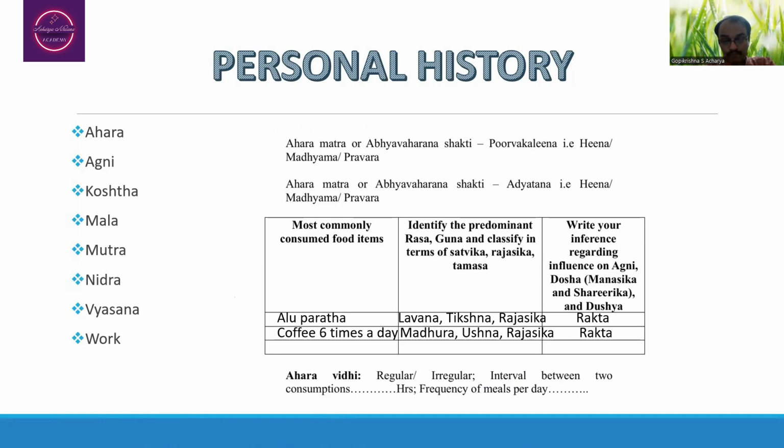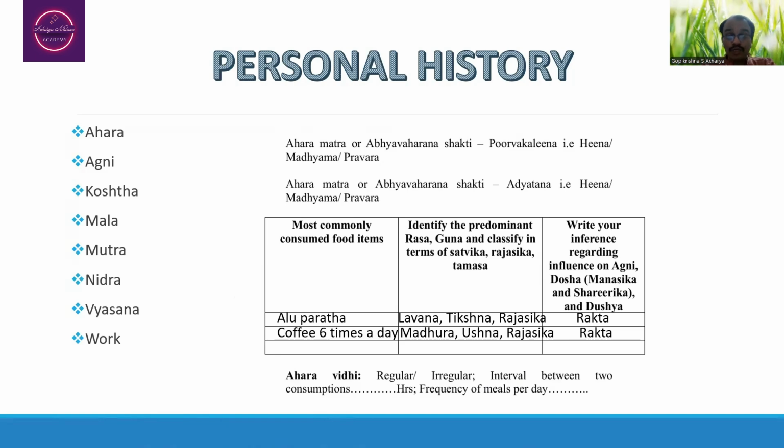For example, if the person is consuming coffee almost 6 times a day, there may be a possibility of madhura rasa intake plus ushna virya substances intake, plus rajasika dosha dominance may be possible. In that way, there may be a possibility of rakta dhatu affliction.